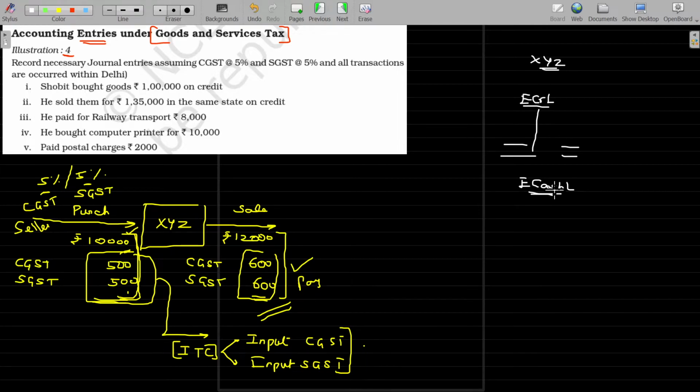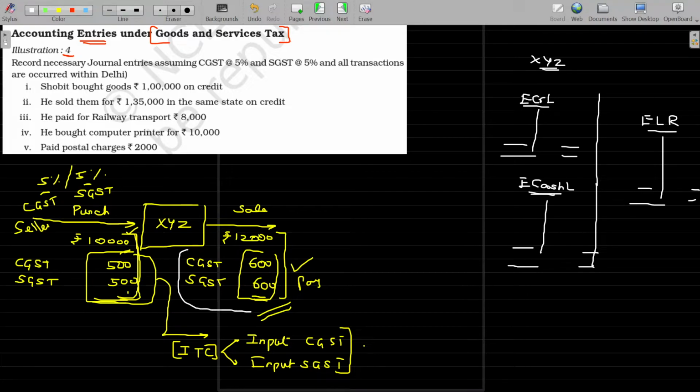E represents electronic. One is the electronic credit ledger. Another one is the electronic liability register. So we have three books. Whatever tax is supposed to be paid to the government will be automatically recorded in the electronic liability register.